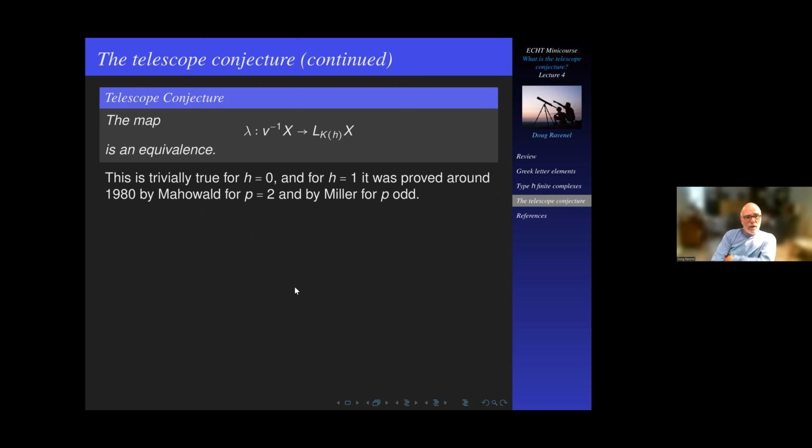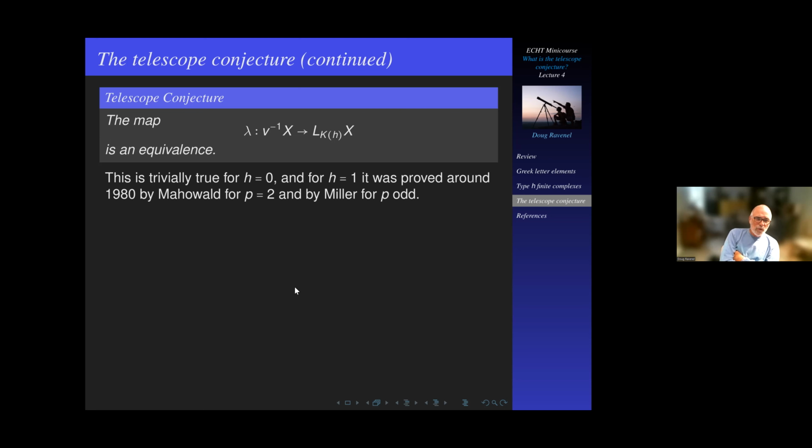This is trivially true for the case H equals 0. It's easy to check that, well, in the case H equals 0, the map you want is just multiplication by P. So you're inverting P, and that's the same as localizing with respect to K0, or rational cohomology.